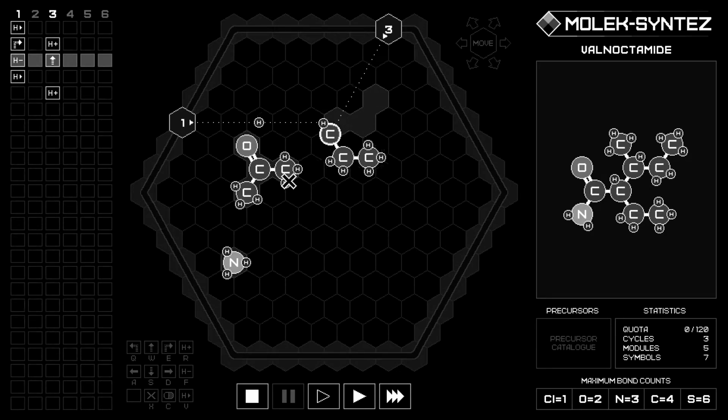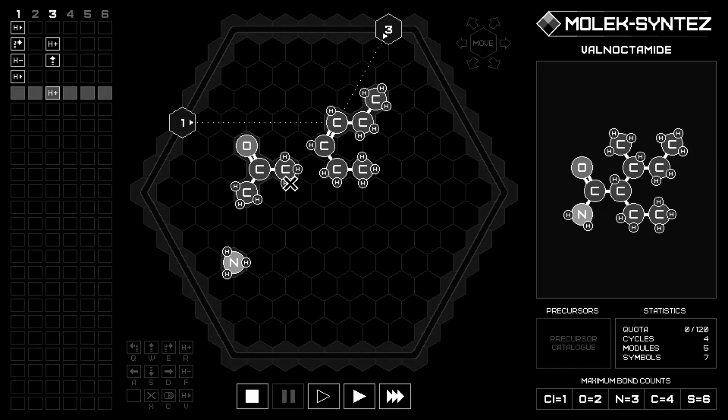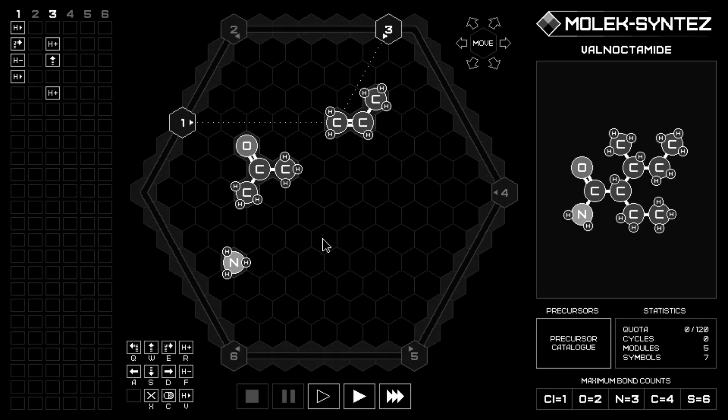And I actually need to keep this carbon fully saturated while I push it through here so it doesn't bond with this deficient carbon on the way. So I think we'll just... This is the carbon we don't want, and it's nice and easy to remove, right? We just give it some more hydrogen, and then we delete it.